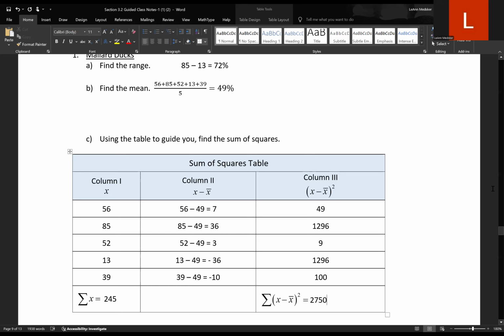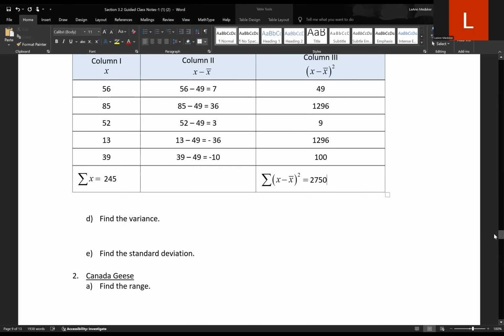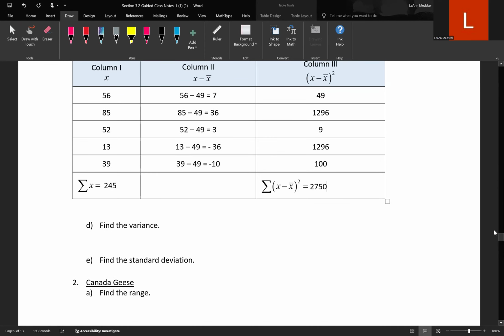Now remember, that is not your variance or your standard deviation. That's just the numerator part of that formula. So when we look at actually finding the standard deviation and the variance, we need to know those formulas from our formula sheet. The one for variance on the formula sheet is S squared equals the sum of squares, which is the sum of deviations squared, over n minus 1. It's always 1 less than the number of your sample when we're dealing with variance and standard deviation.